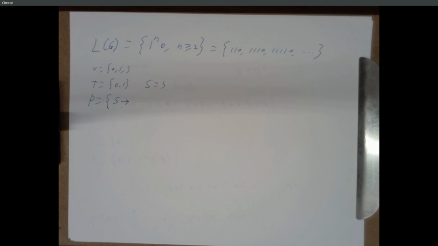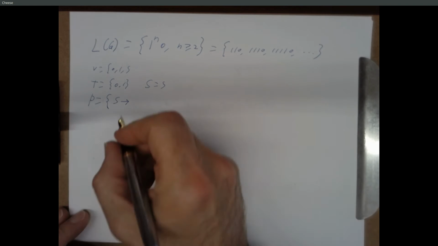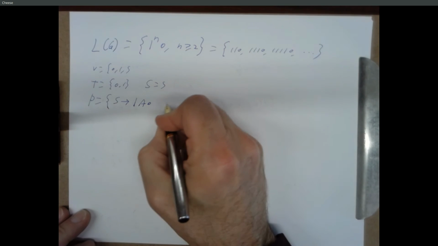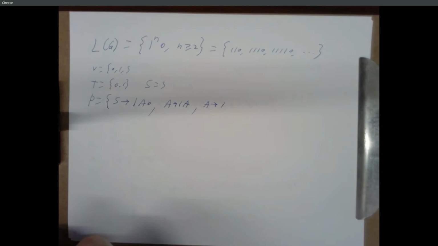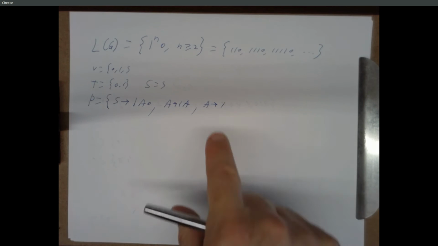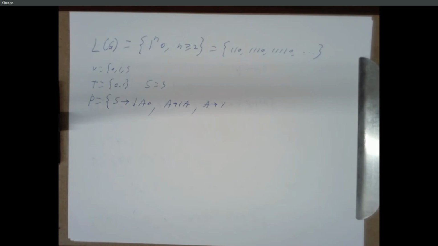You could just say S maps to 1A0, and A maps to either 1A or 1. So S is 1 followed by an A followed by a 0. A is either a 1 or it's a 1 followed by an A.